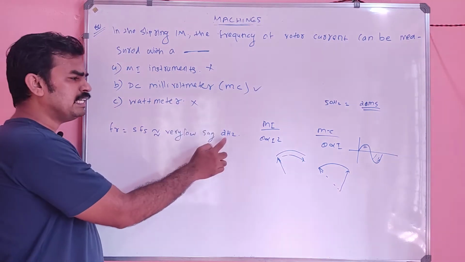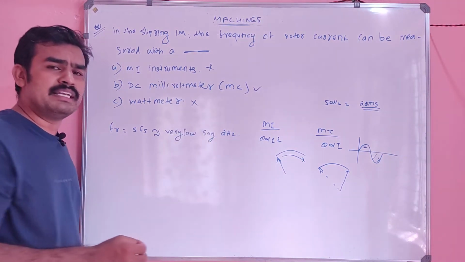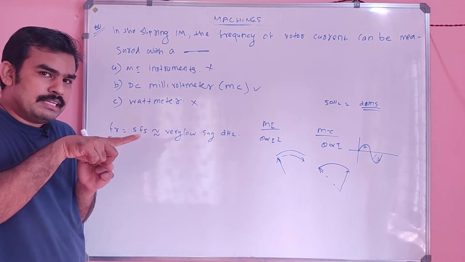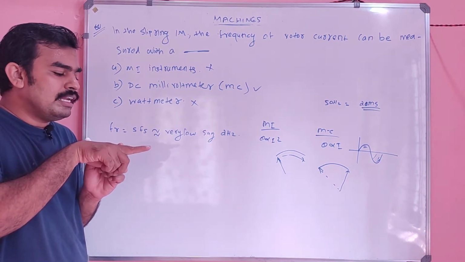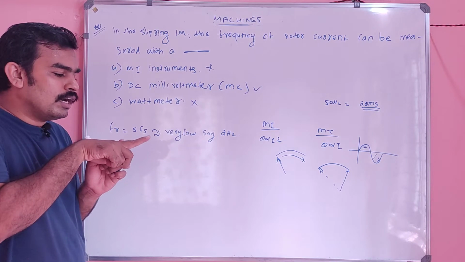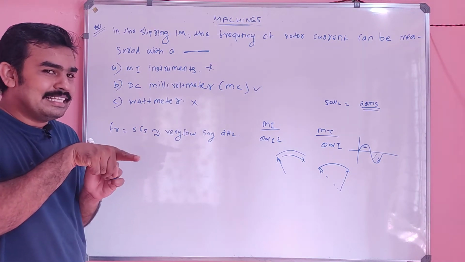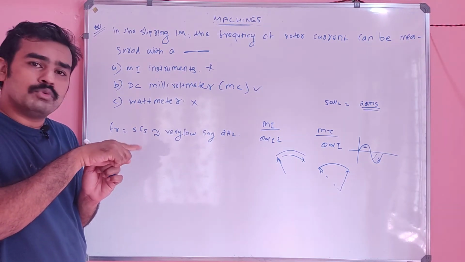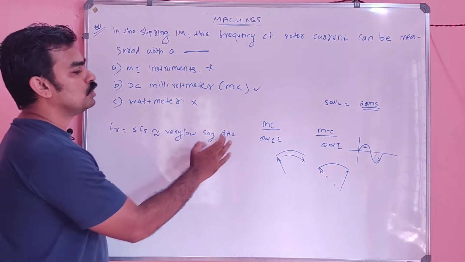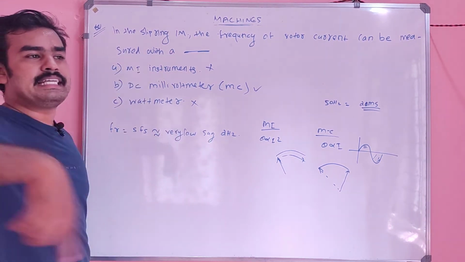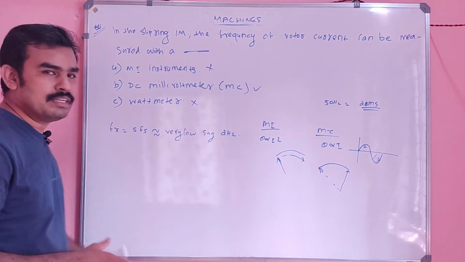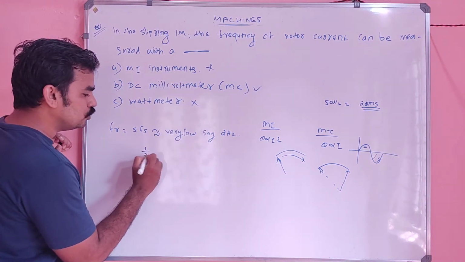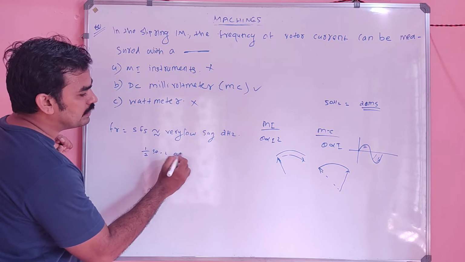Two hertz means the rotor induced current will have a very low frequency, so the moving coil can move for some time like this, and for some time like this. That means a full signal can be sent in how much time? 1/2 seconds, that is 0.5 second.